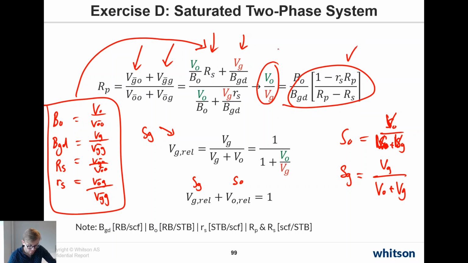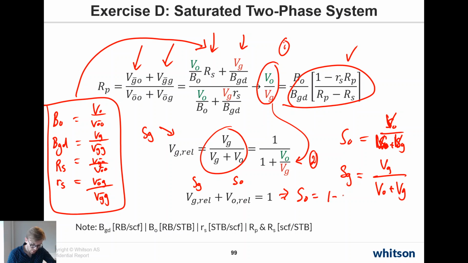This is the only unknown, and we can reorder the gas saturation equation to plug in this particular value. Once we've calculated this at step 1, we can then calculate this at step 2, and then calculate So by using this formula, where So is equal to 1 minus Sg, which is the third step. Then you should be done.